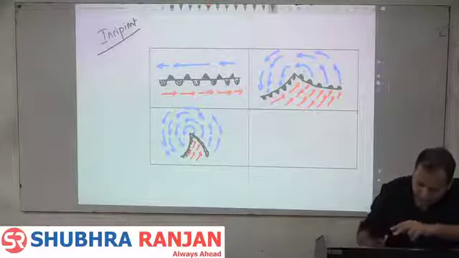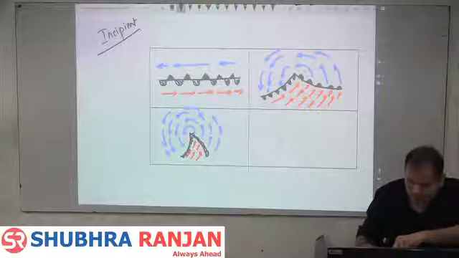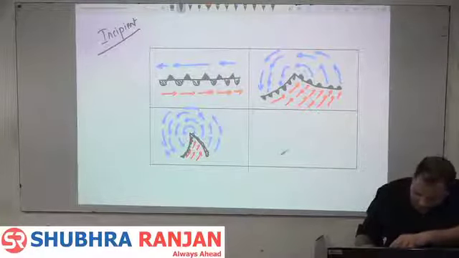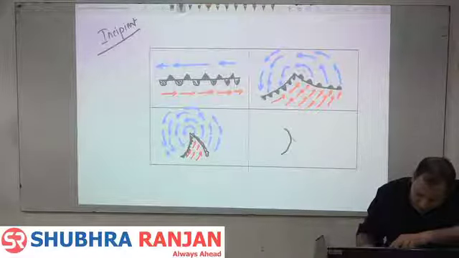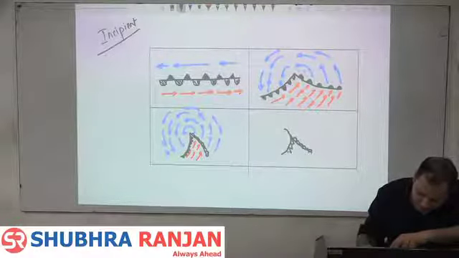The process is again repeated. The process will keep on repeating from the stationary front. Understanding? From the formation of the stationary front.